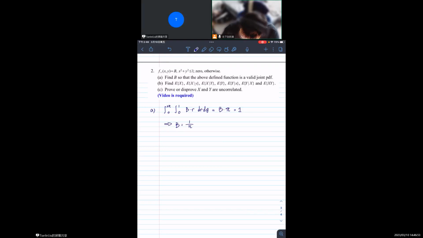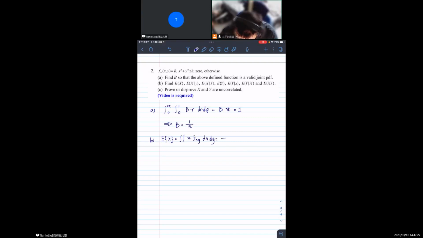Okay, as we get b, we go back to the xy coordinates to calculate the expected value of the following several items. For the first one, based on the clues, we do the expected value of x, which is like this one, x, y.